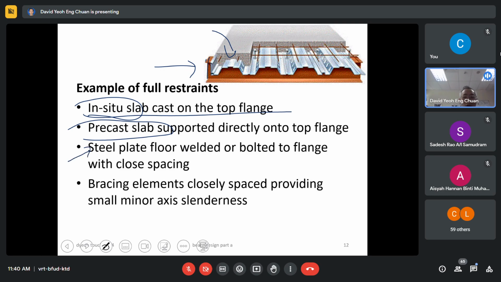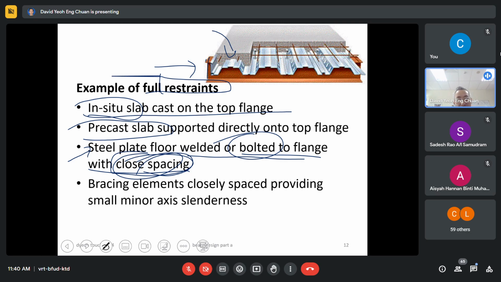Steel plate flooring, welded or bolted with close spacing. It must be close spacing, and the size. If it is a small screw or very distant spacing, then we cannot consider it as restraint.